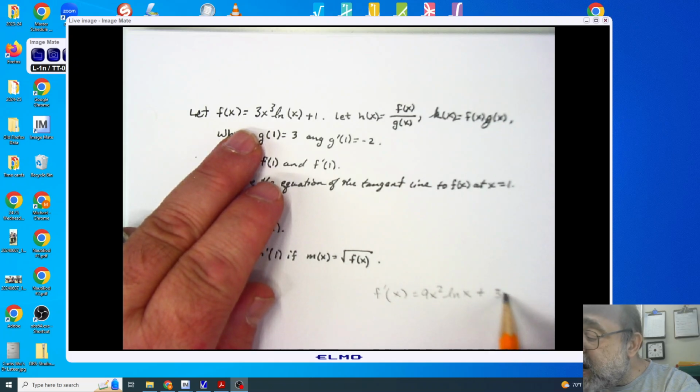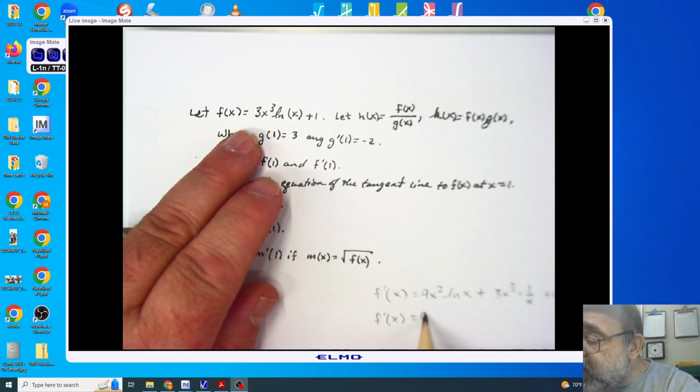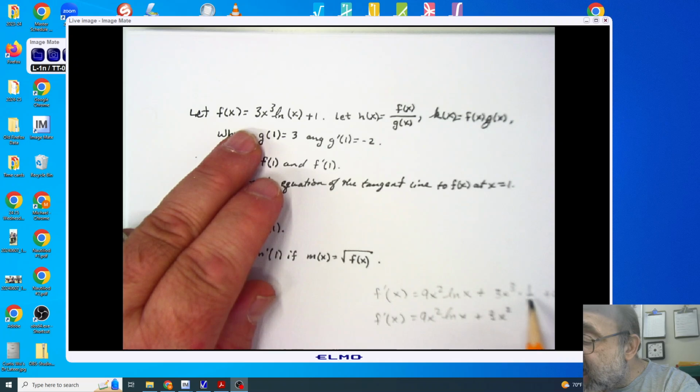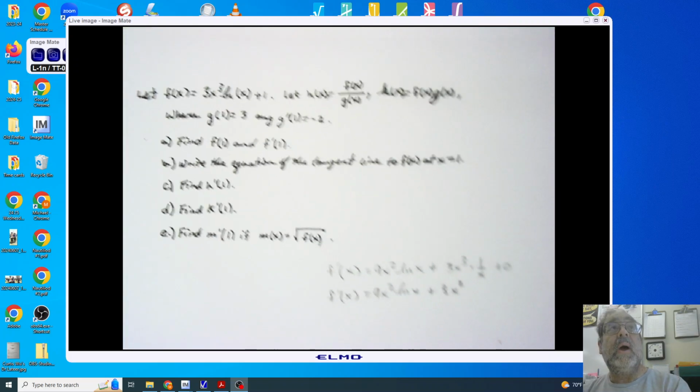We're going to have 3x cubed times 1 over x, and then I can add the 0. I'm now going to simplify this. This is giving me 9x squared natural log of x plus 3x squared. Notice that the x down here is going to reduce the power of x cubed by 1, so that it will become an x squared.